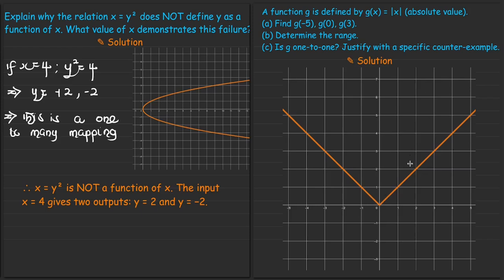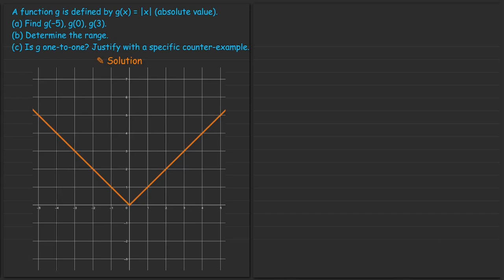Now this is how the graph looks. That is g of x, which is equal to the absolute value of x. To solve this, you would need to understand first of all what the absolute value function means. Let me use this opportunity to explain that to you.